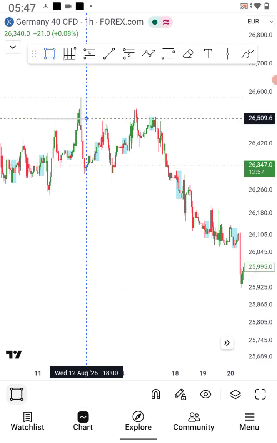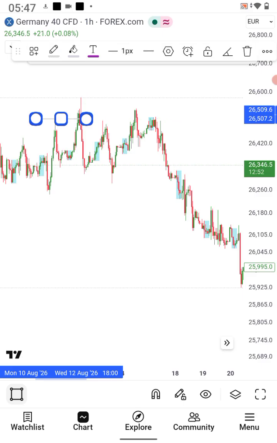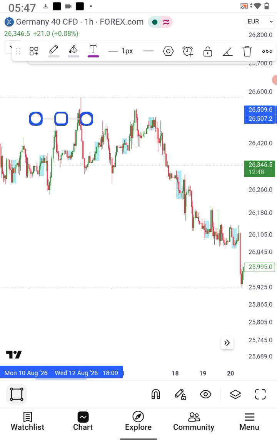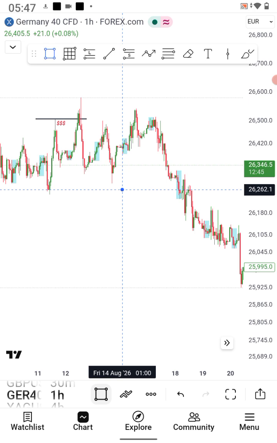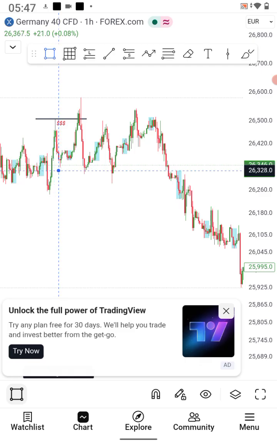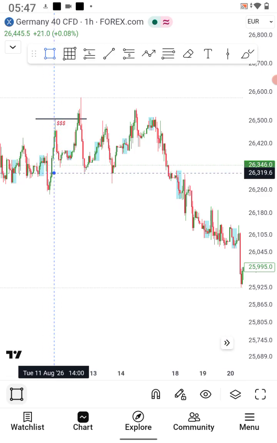You have to see what the market did in the not distant past. Market came, cleared that old high, then turned around and broke structure. I would have marked this as my break of structure, but you can see there's no candle closure, so we'll take this as a break of structure.